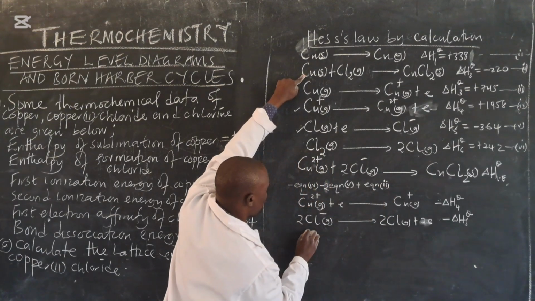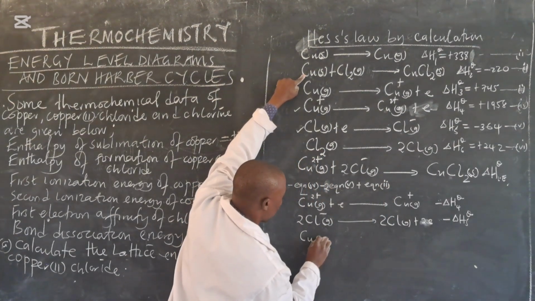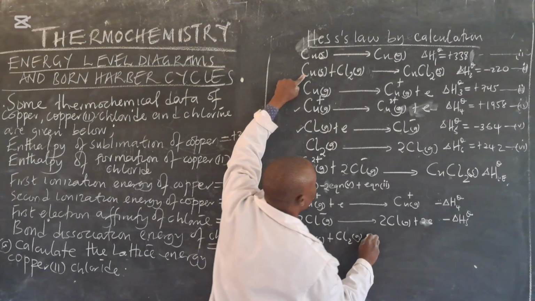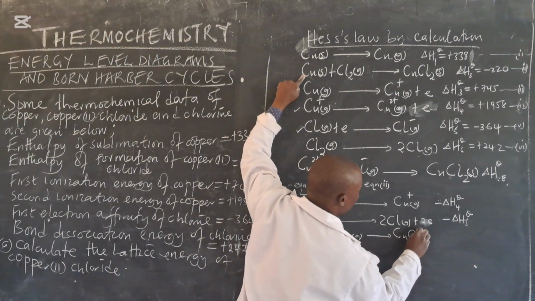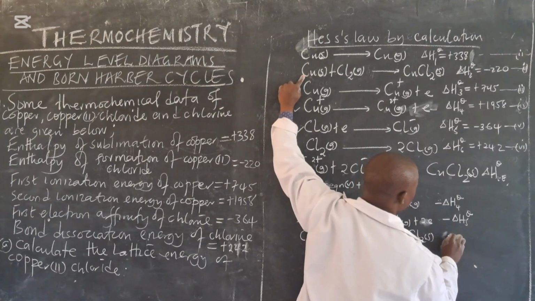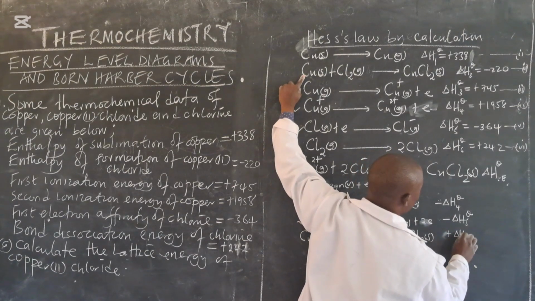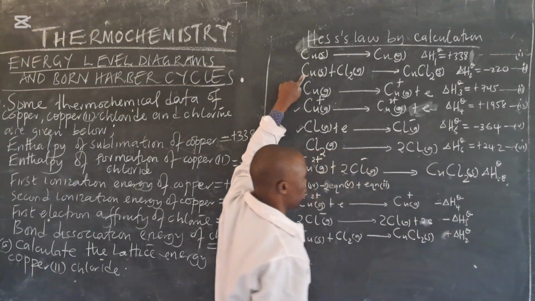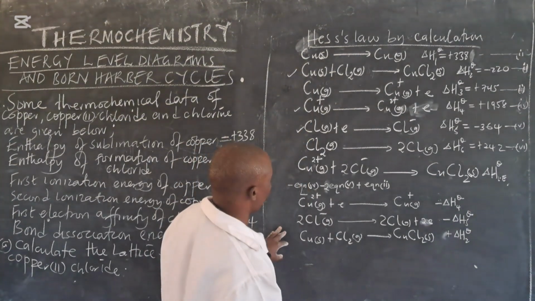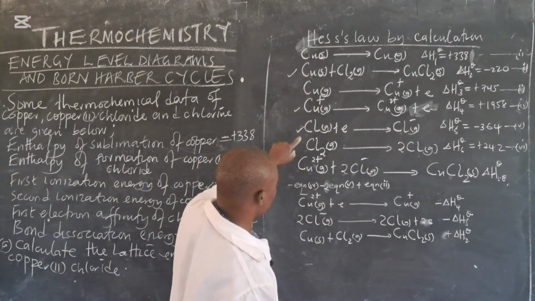So copper plus chlorine gives us copper 2 chloride. Then this value remains the way it is, positive delta H2. So I will not reverse that. So this is done, and I'm left with this equation.